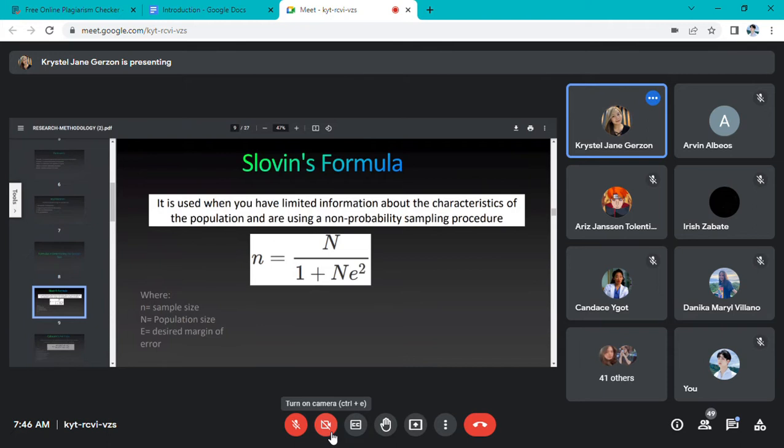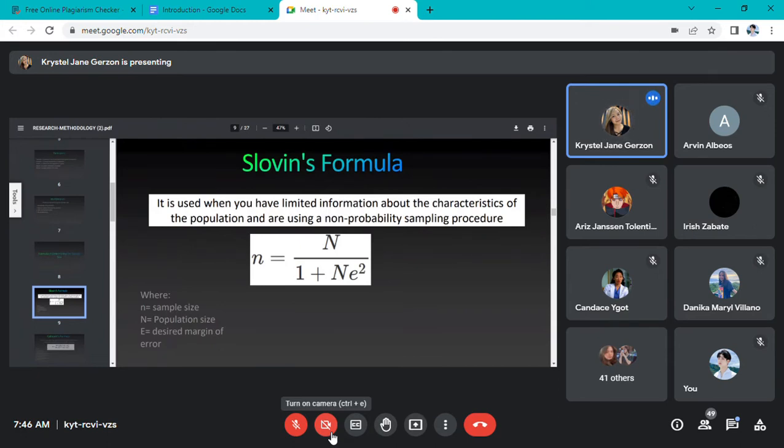If you compute that, you will probably reach 200 or 300. The population of University of Cebu Senior High School main alone was 6,000 students before. Imagine, when they compute with the formula, they reach 600, even more than 1,000 respondents.